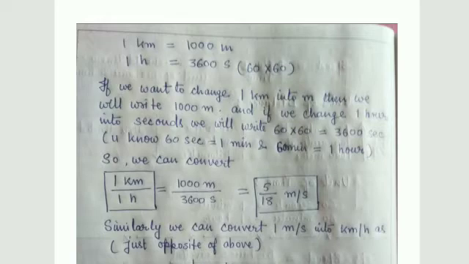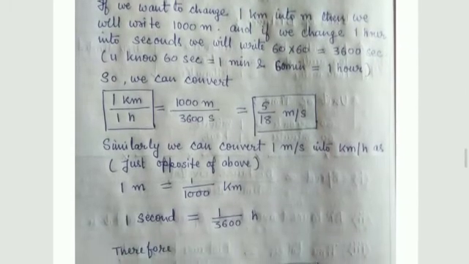Now here it has converted kilometer into meter, hour into second. And after dividing this, we find 5 by 18 meter per second. This is an important formula. You have to learn this.